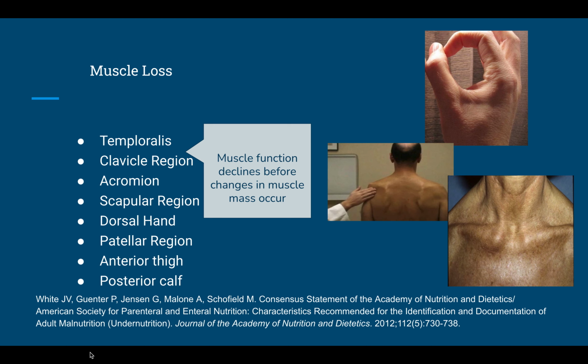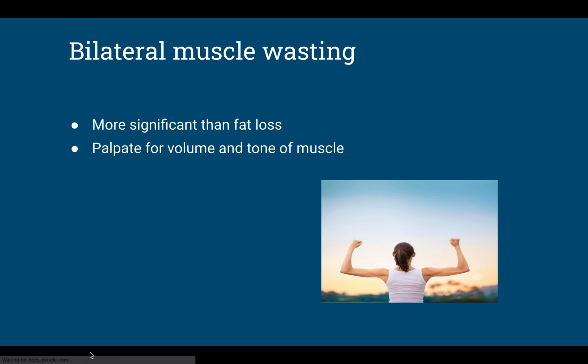With the dorsal hand, as soon as you walk into the room, you extend your hand to greet the patient, and as you shake hands, you can feel the muscle right in between the fingers. Of course, I encourage you right now to wear gloves, and at any other given time, to wear gloves as part of universal precautions.